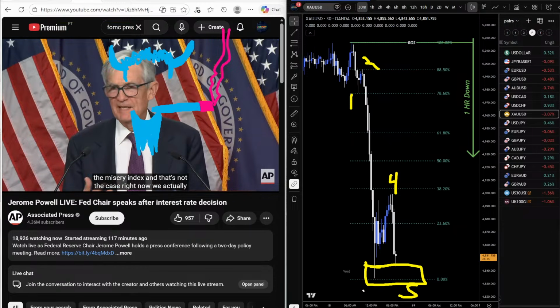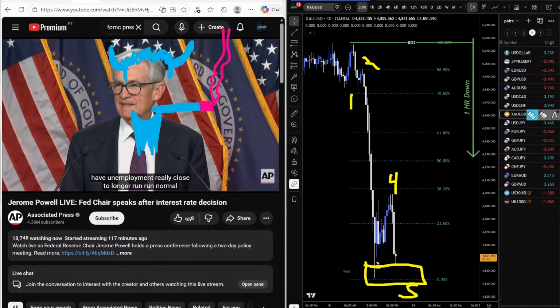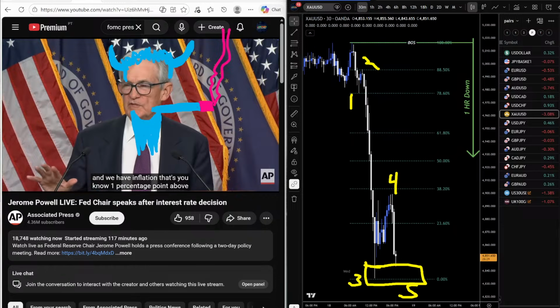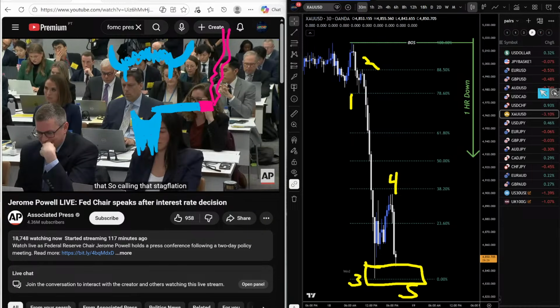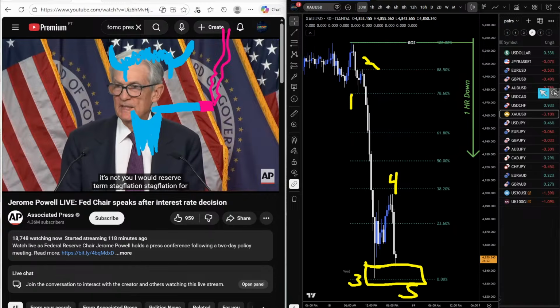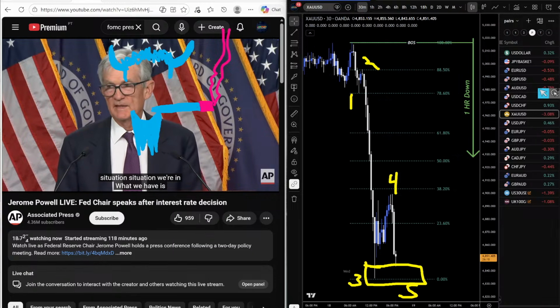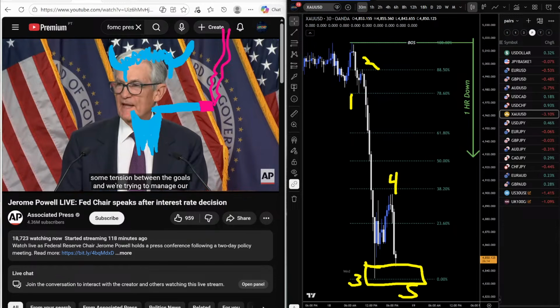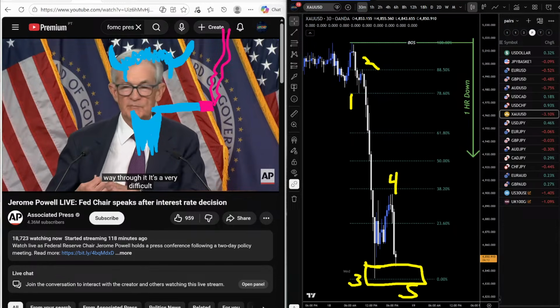So calling that stagflation, it's not. I would reserve the term stagflation for a much more serious set of circumstances. That is not the situation we're in. What we have is some tension between the goals, and we're trying to manage our way through it. It's a very difficult situation, but it's nothing like what they faced in the 1970s, and I reserve stagflation for that, the word for that period. Maybe that's just me.